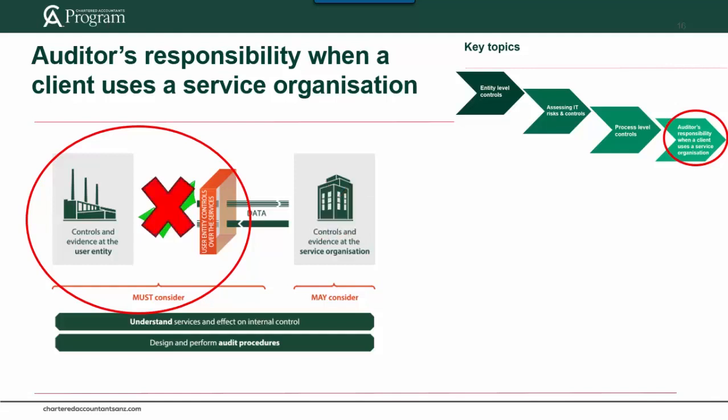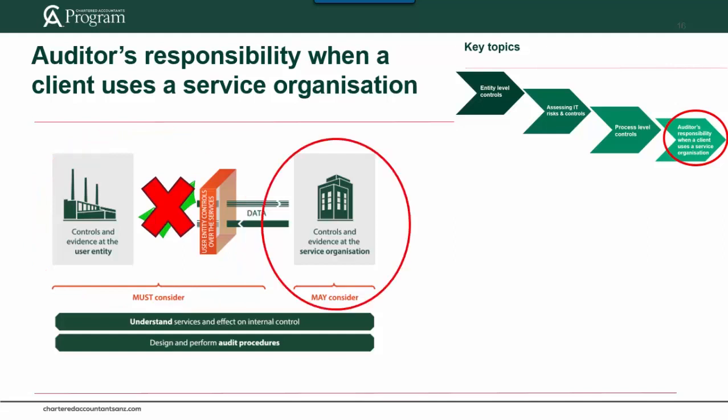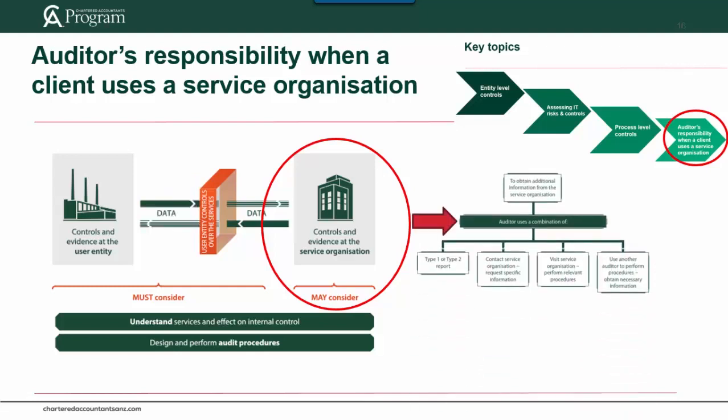However, if the auditor does not gain sufficient understanding of the client entity from the information located at the client entity, the auditor must then consider the controls and procedures in place at the service organisation. This additional information from the service organisation can be obtained by the auditor using a combination of the following.